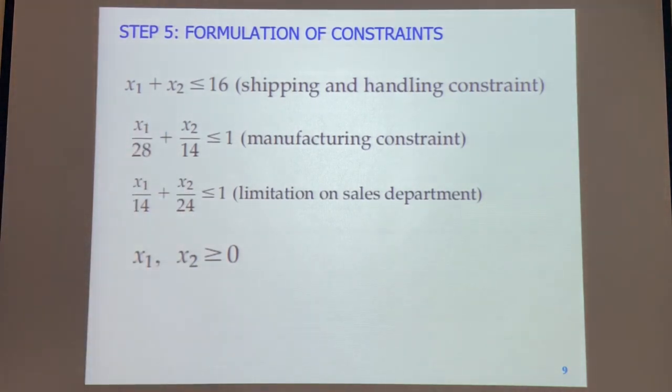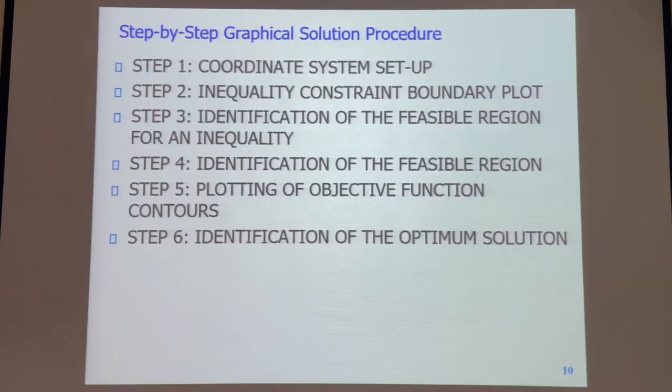Now we need to make it a formal formulation, but we'll do that later. Now we don't need to get very formal, like saying all the inequality constraints are less than or equal to 0 and all the equality constraints. We don't need to go that far for this graphical problem.